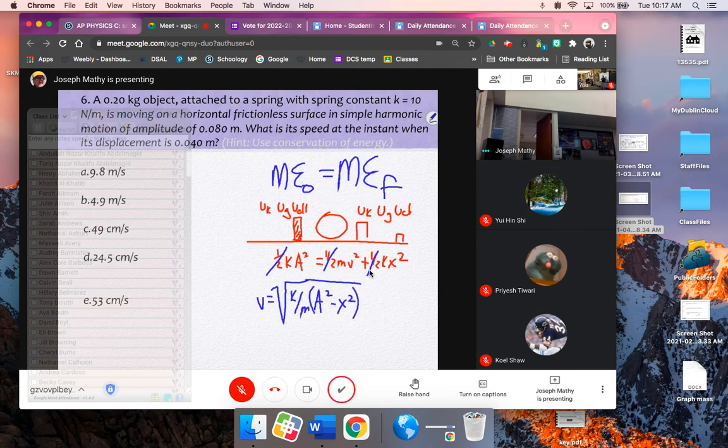That's what happens when you isolate for v in this equation. You can just do that. Sorry, this thing is writing really rickety.